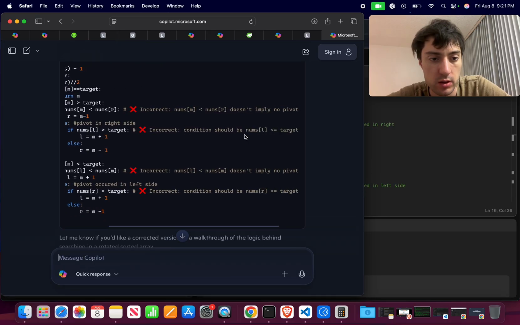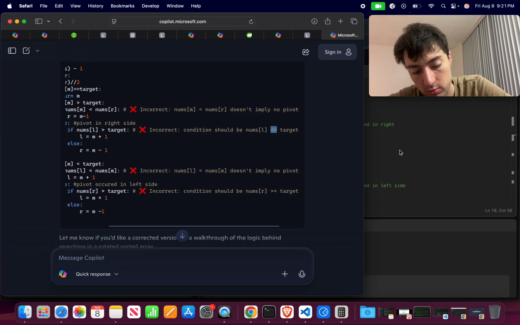Nums of left is, and then this is the exact opposite. Okay.